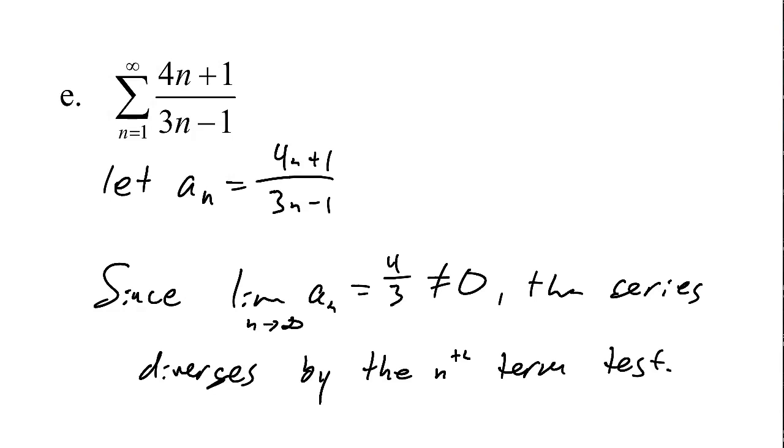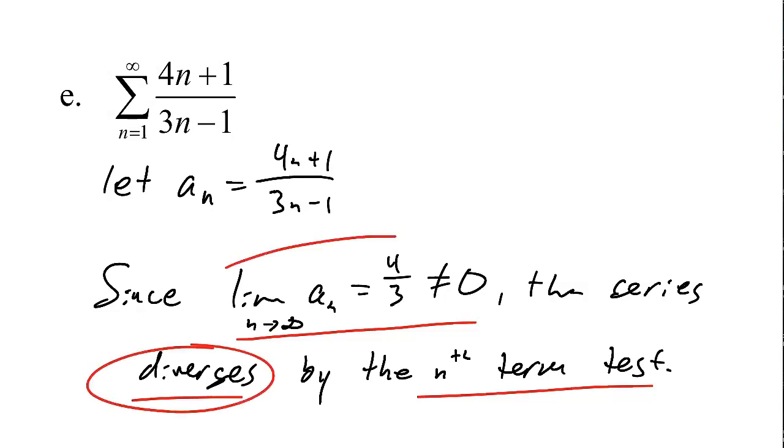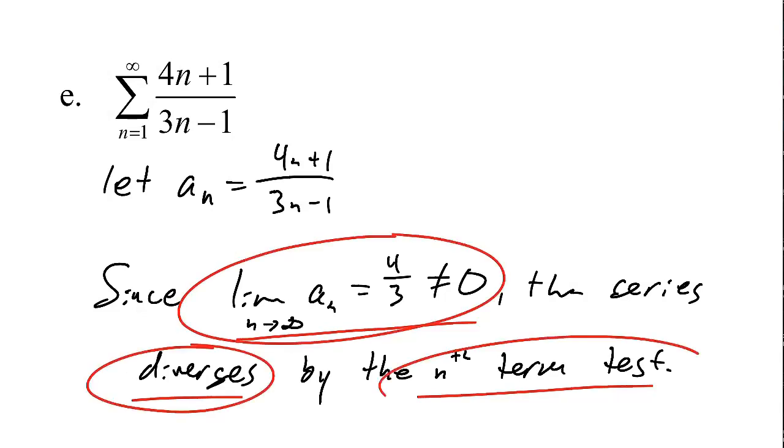And that's it. So again, we need to state why, what, and by what test. So it diverges because the limit does not equal 0 by that test. They're looking for all three things there.